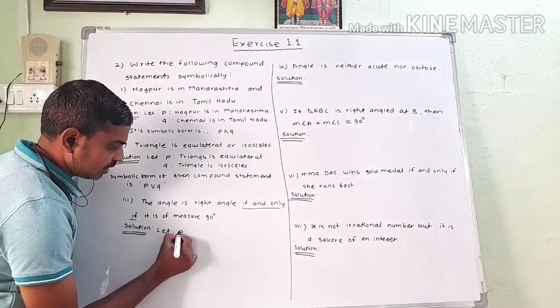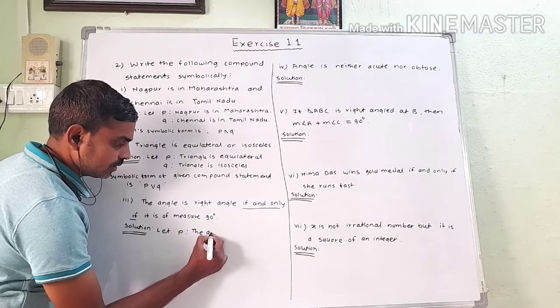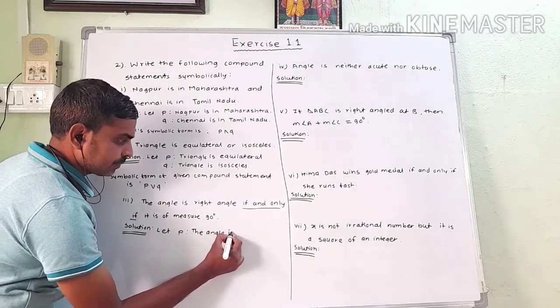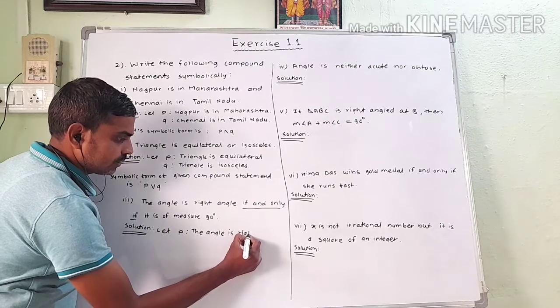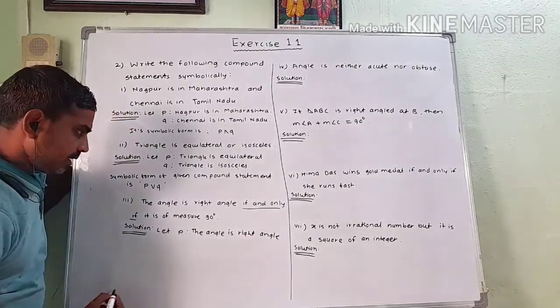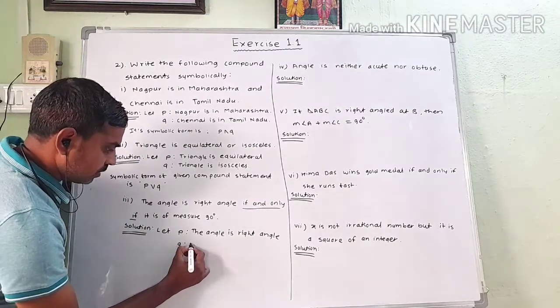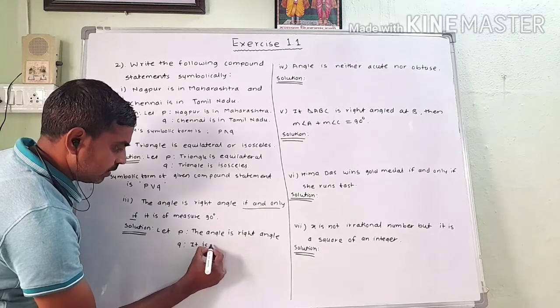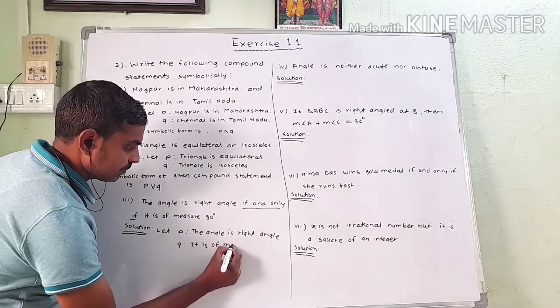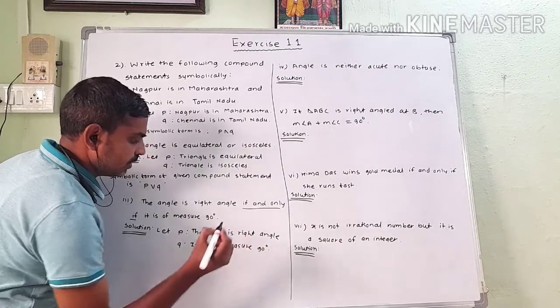First of all, let P stand for the first simple statement, the angle is a right angle, and Q stands for it is of measure 90 degree.